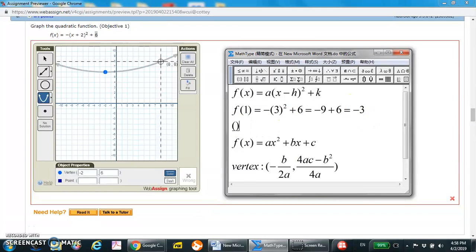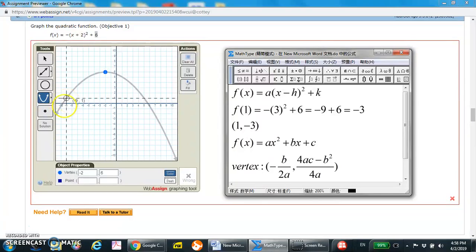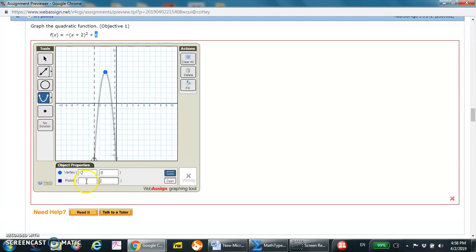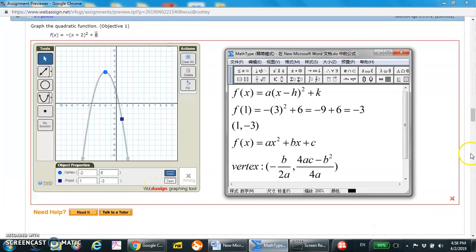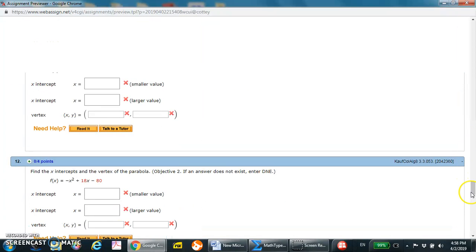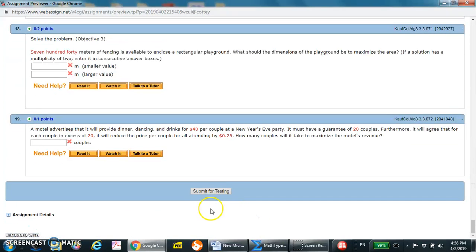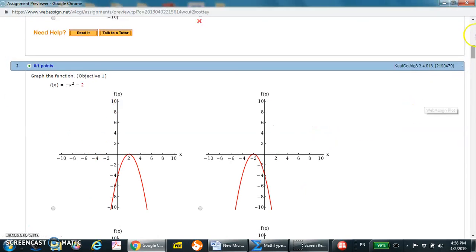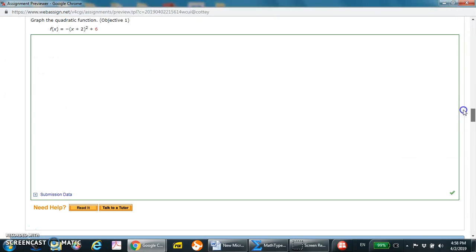Okay, because 1 and negative 3 are both within this range between negative 10 and positive 10, I should be fine. It should be fine if I use these two numbers as my second point. Right, so now let's see what our result is. Okay, so the answer is correct.